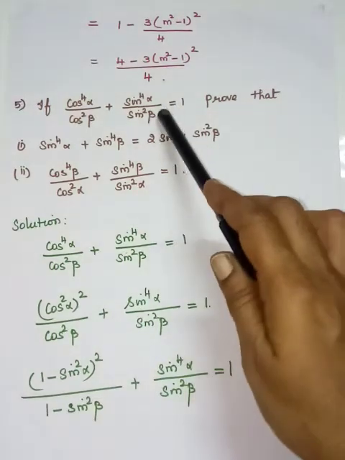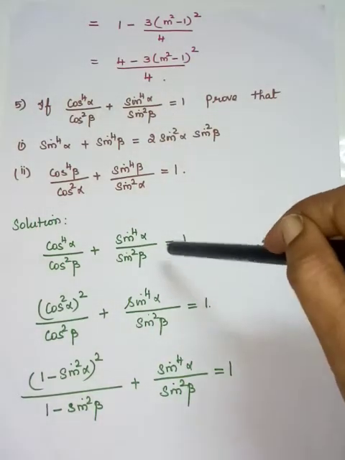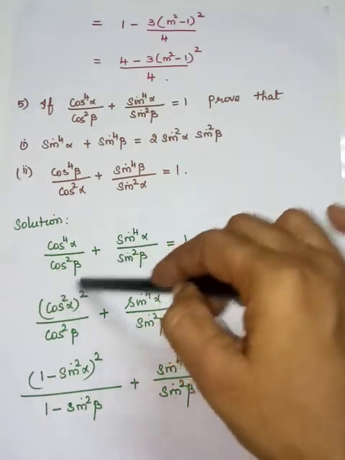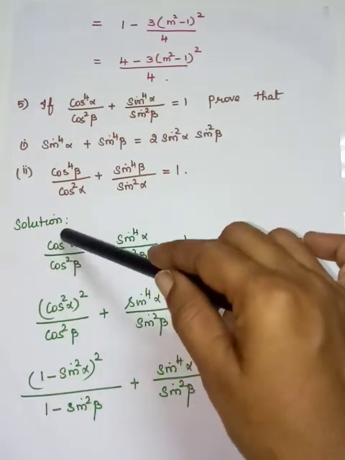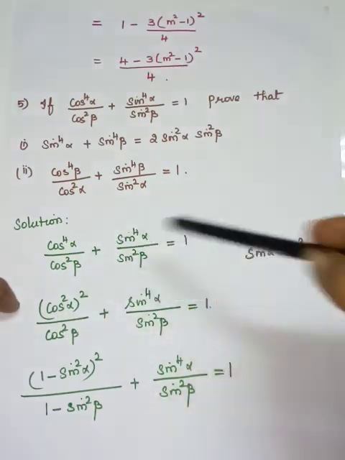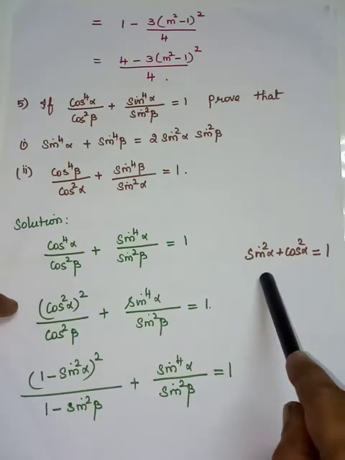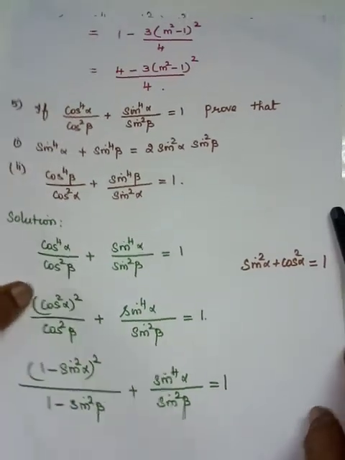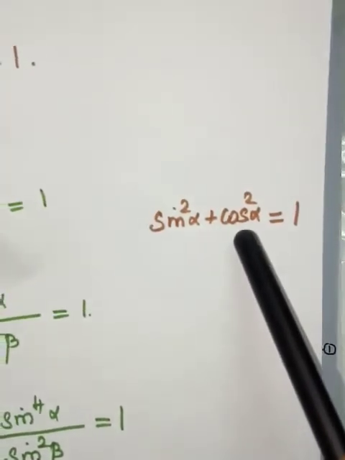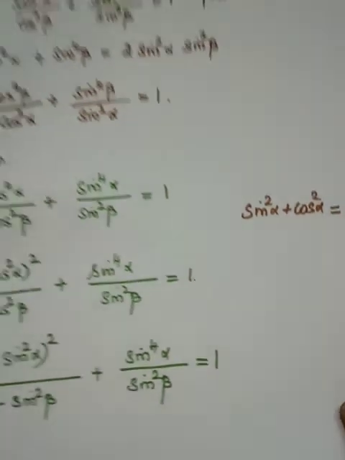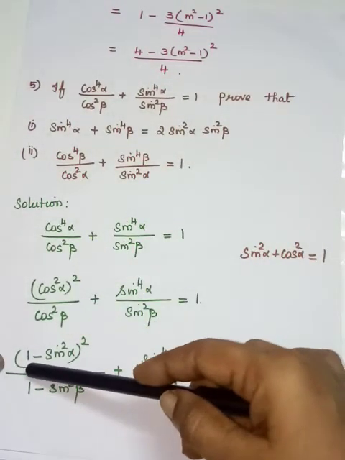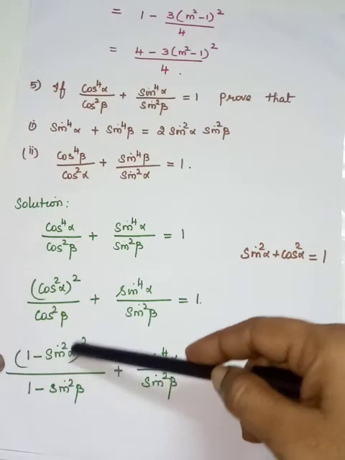So take the given result. From that, the cos has to be changed in terms of sin. For that, cos power 4 alpha can be written as (cos squared alpha) the whole squared. You know the identity: sin squared alpha plus cos squared alpha is equal to 1. So from that, cos squared alpha is equal to 1 minus sin squared alpha. So in the place of cos squared alpha, it is written (1 minus sin squared alpha) the whole squared.